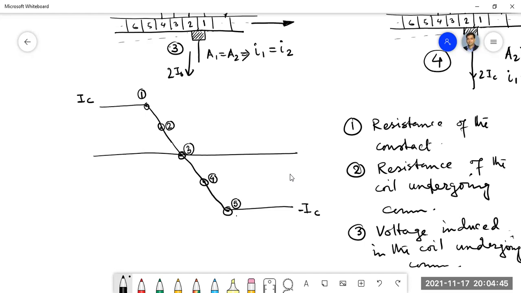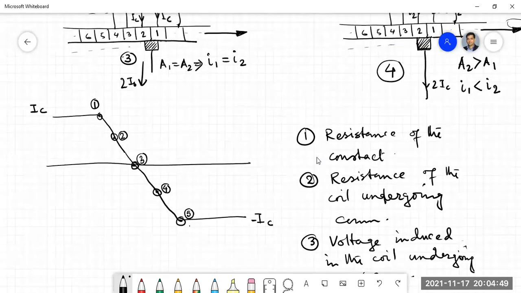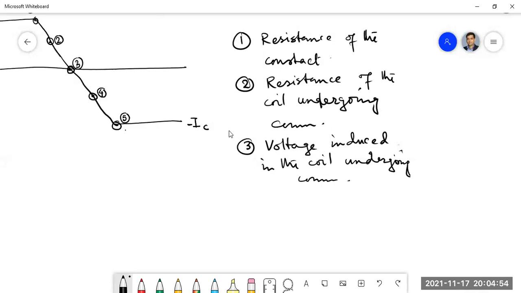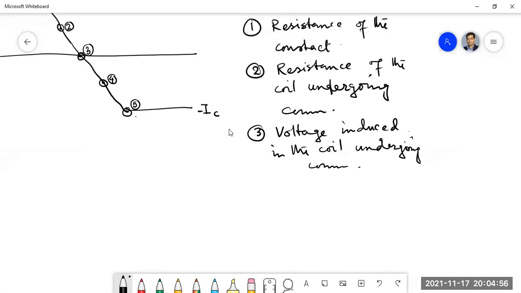Because of armature reaction, the magnetic neutral plane gets shifted. No, not exactly. Okay, what are you saying exactly? Because of armature reaction, there may be some shift of the magnetic neutral axis.